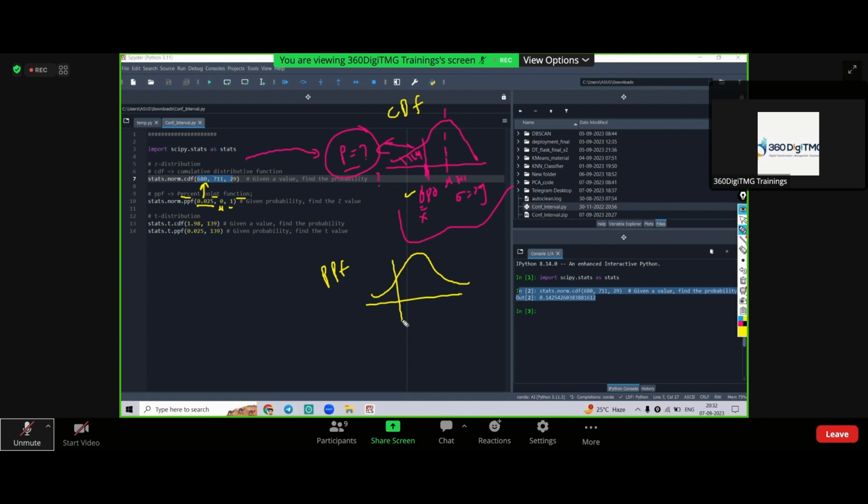So here, this probability is given to you, which is 0.025. Center point is also given, 0, and sigma is also given, 1. But you do not have this x. X is unknown.